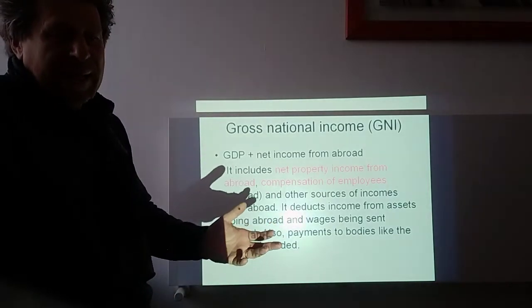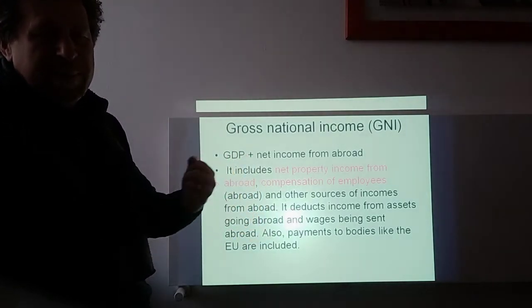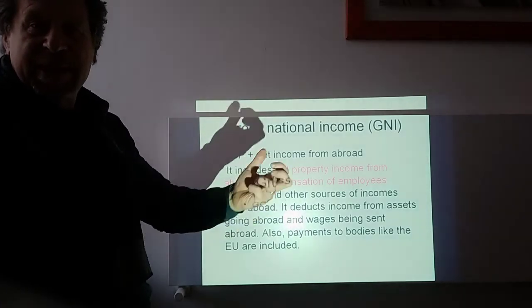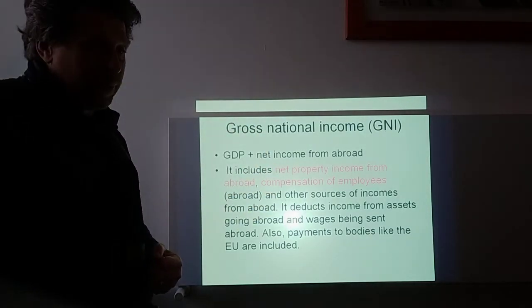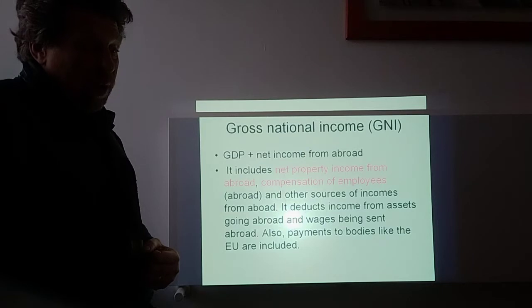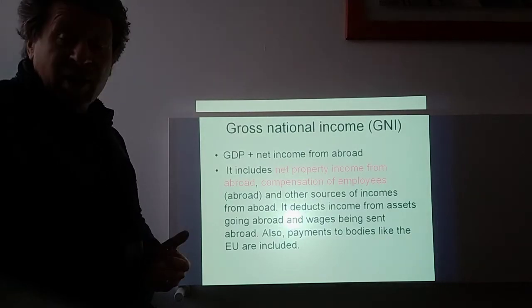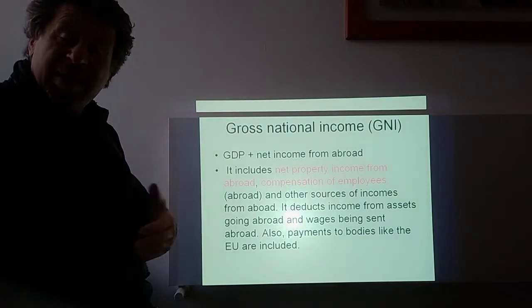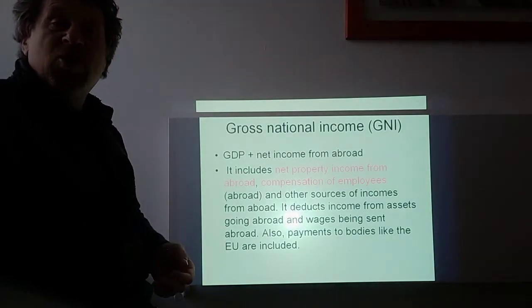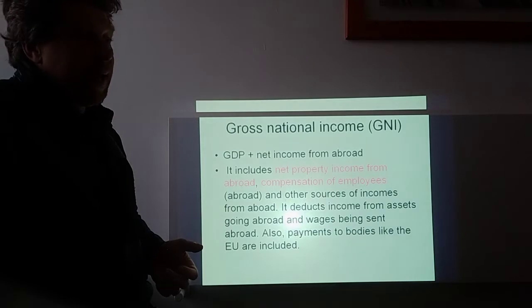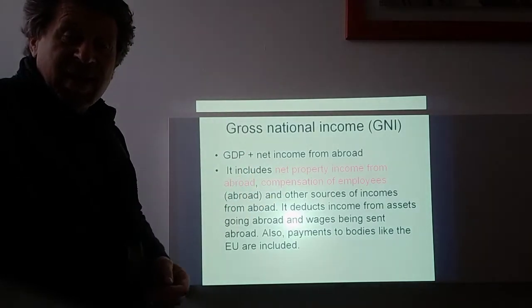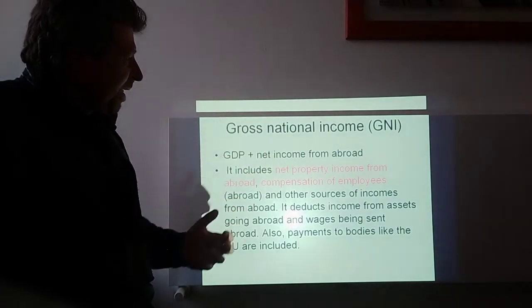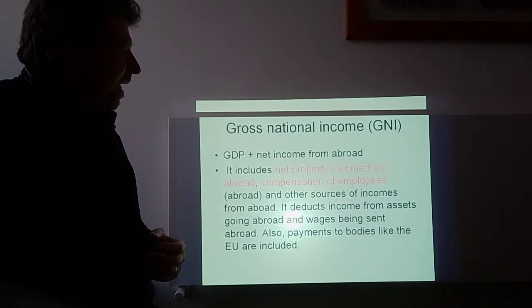So maybe people own businesses or have shares in foreign companies and receive money from abroad, or own houses and receive rent from abroad, and also maybe lots of money goes abroad. For example, immigrants come here, they earn money, they send it home abroad. So that would be deducted. This is all about gross national income.